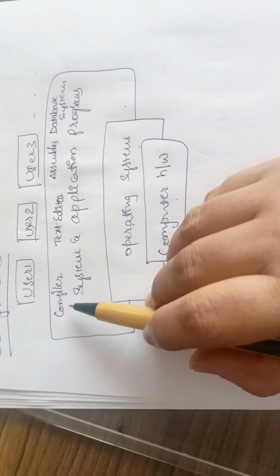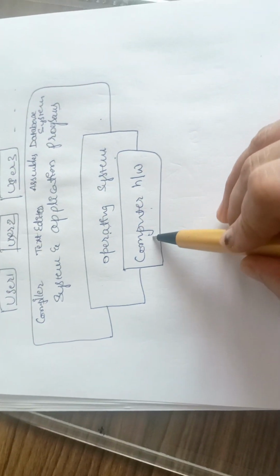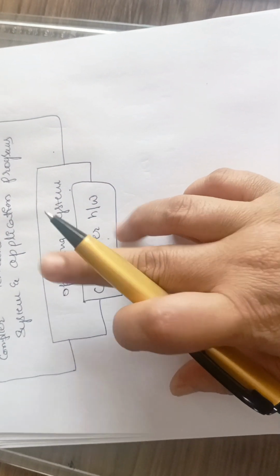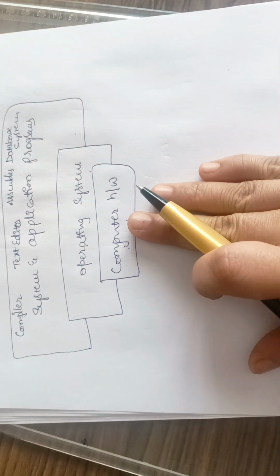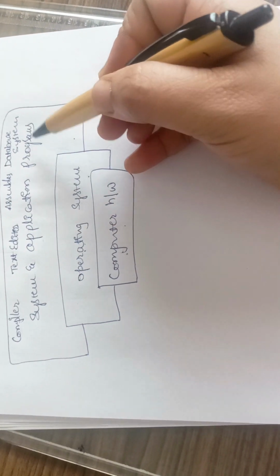So like this, there are many application programs. First we require the computer hardware, and then for the computer hardware we again require the operating system. Only the operating system will control and coordinate the computer hardware and even the application programs also.